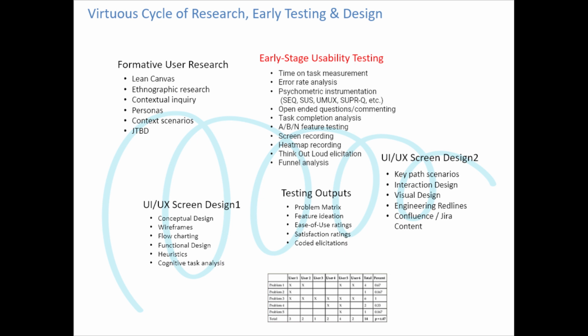The early stage usability testing is right at the heart and core of the overall design cycle, and all these things feed each other. The really early research feeds into some early screen design, and then that can feed this testing cycle where you get really detailed feedback on functional designs, and then that outputs a problem matrix where things can be fixed and further discussed and further researched, and it all goes round and around in a beautiful spiral and comes out with a viable solution.